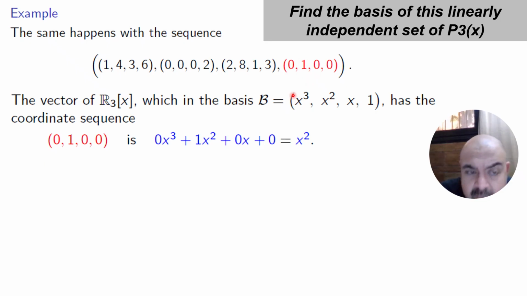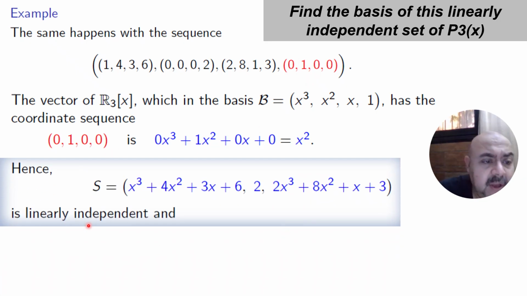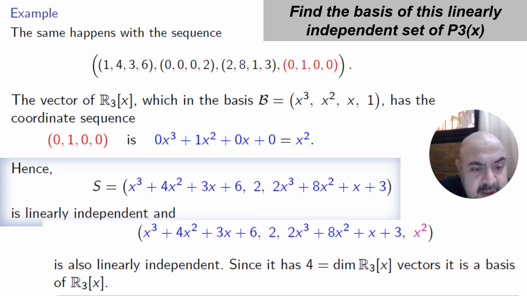That's the new vector, which means x squared. Hence these are linearly independent sets, and this is very easy to check if you construct your matrix using either rows or columns: 1, 4, 3, 6, 0, 0, 0, 2, 2, 8, 1, 3, 0, 1, 0, 0, and you will have a rank of 4, which means they are linearly independent.